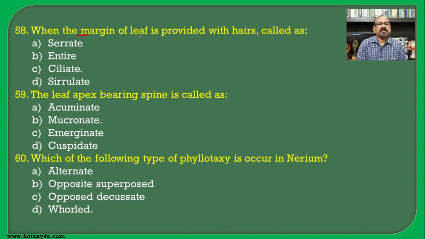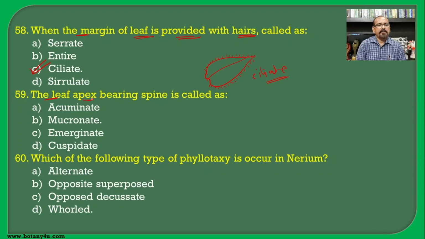When the margin of the leaf is provided with the hairs, then it is known as. In some leaves the margin is provided with such a type of the hairs, and if such hairs are present at the margin, then the leaf is known as ciliate. So the ciliate margin, and hence C is the correct answer.